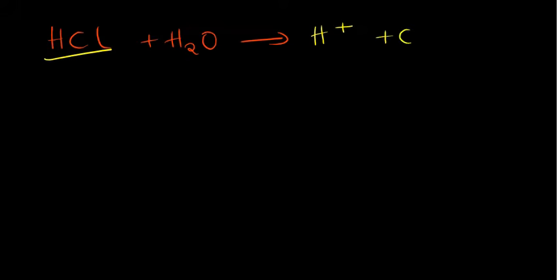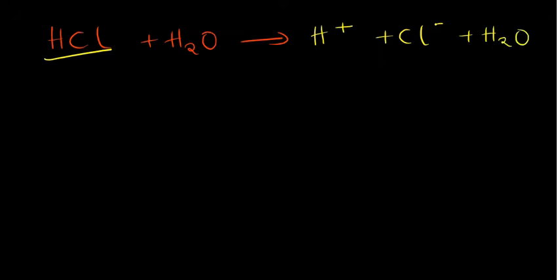If you have HCl dissolved in water, it is going to produce the proton from the acid, and then the chloride ion, and then you're also going to have water.